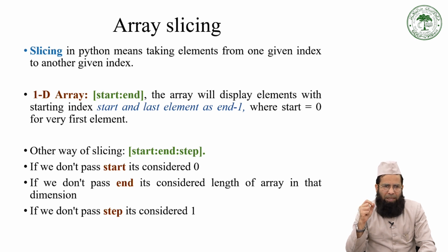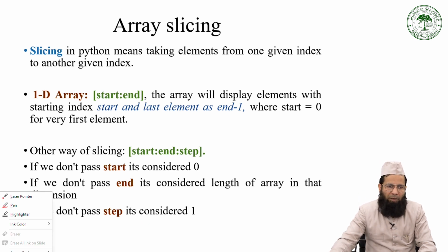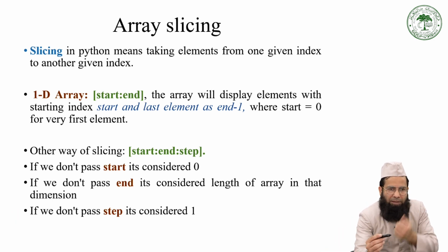Slicing in Python means taking elements from one given index to another given index. So in case of slicing, you would be providing the index values, and on the basis of that, you would extract the data.